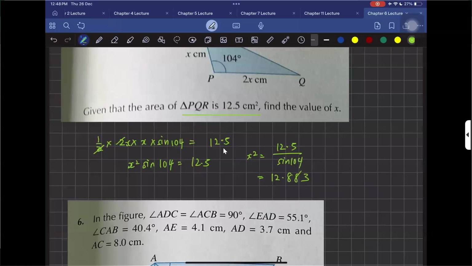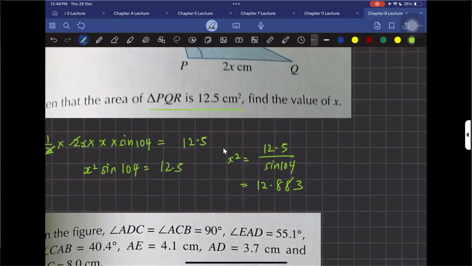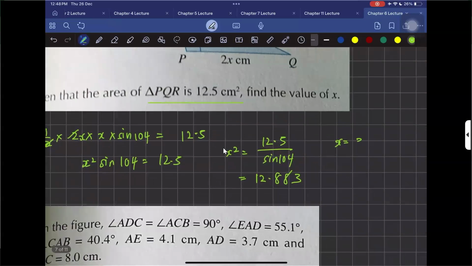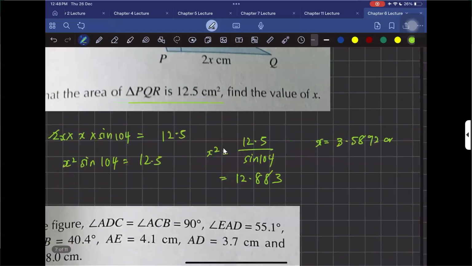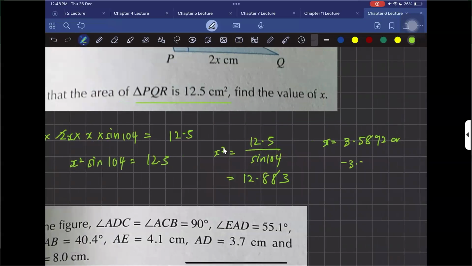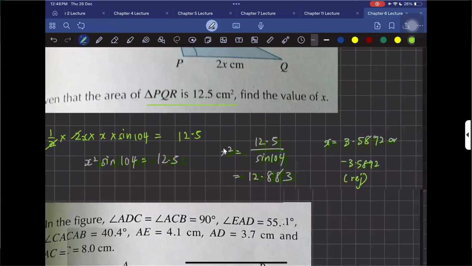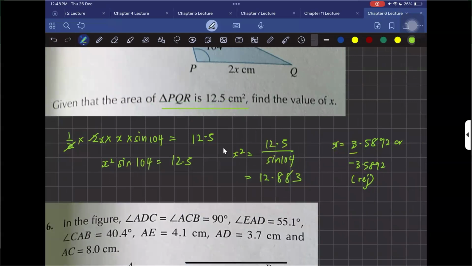Your intermediate working should always be in five significant figures. So x is equal to 3.5892 or negative 3.5892, but you can reject the negative answer. So your x final value is this.